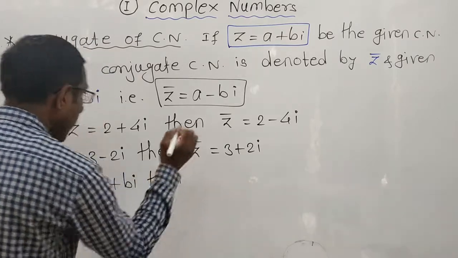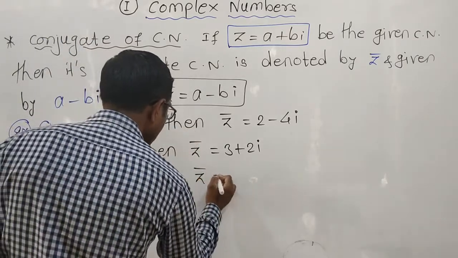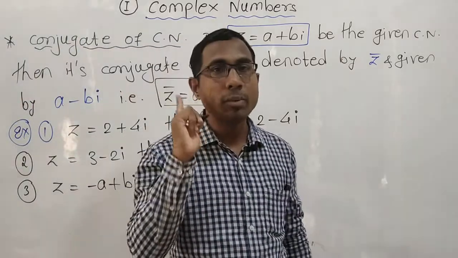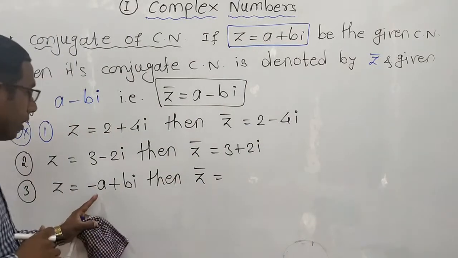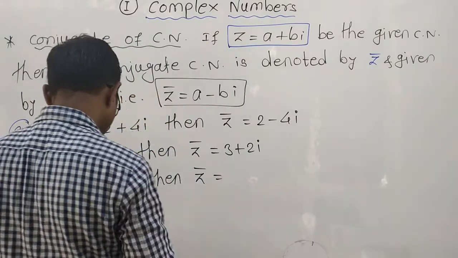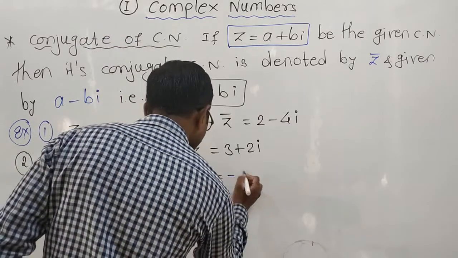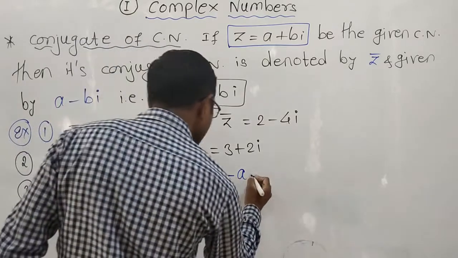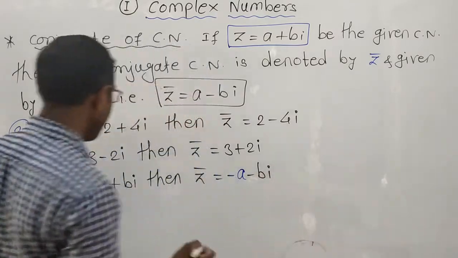Third example, z is equal to minus a plus bi. Then z bar is equal to, only reverse the sign of its imaginary part. People keep reversing the sign of this part too, but this is not the imaginary part. So minus a stays as it is, and plus bi changes to minus bi.